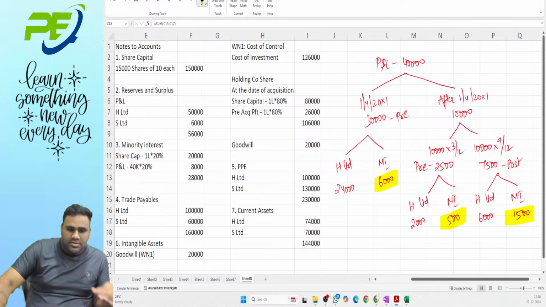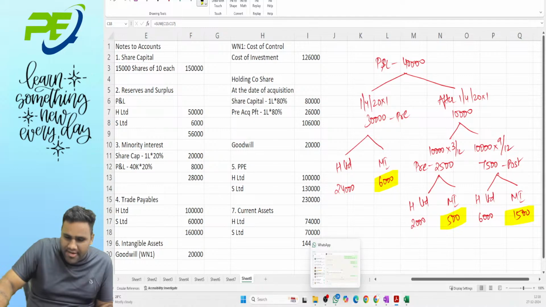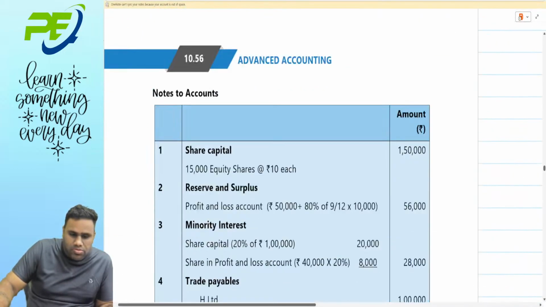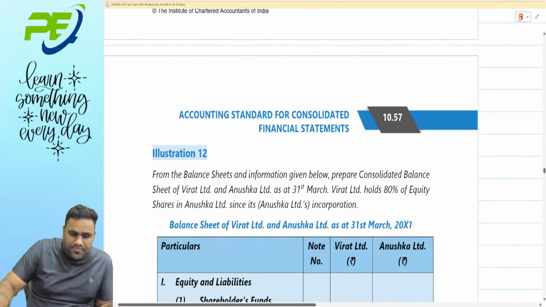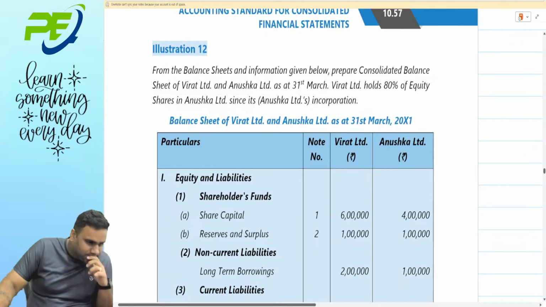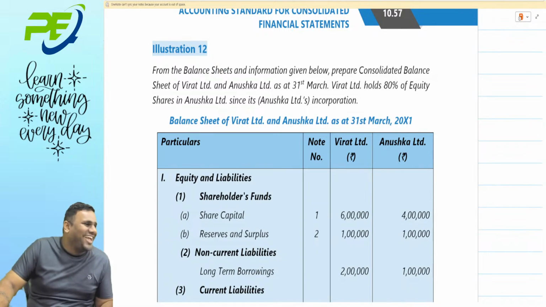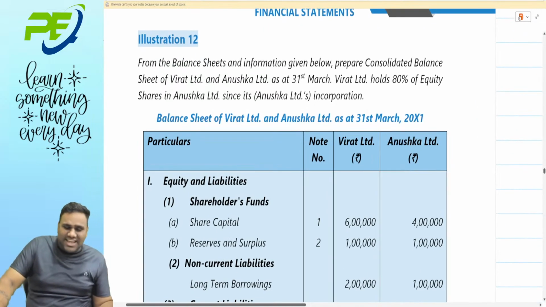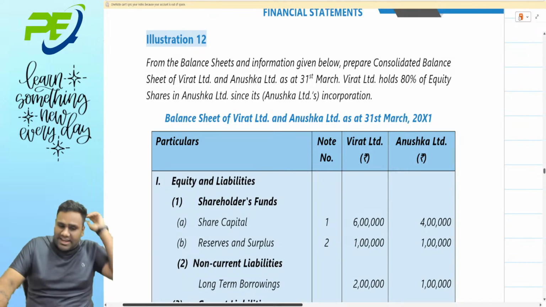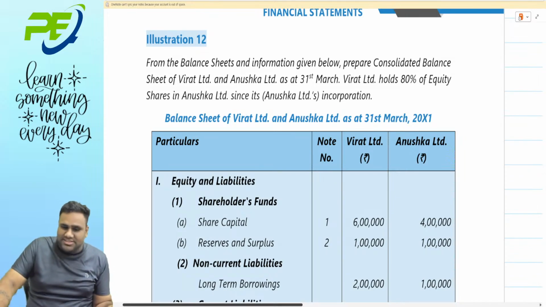Okay, let's move on. Let's start. The last problem for this session. From the balance sheet and information given below, prepare consolidated balance sheet of Virat Limited and Anushka Limited as at 31st March.